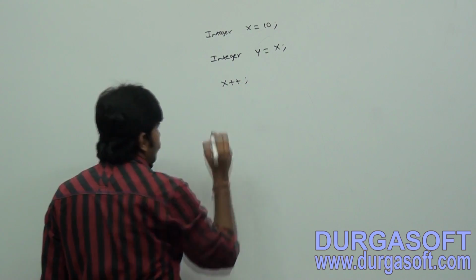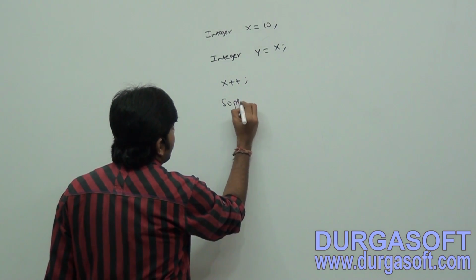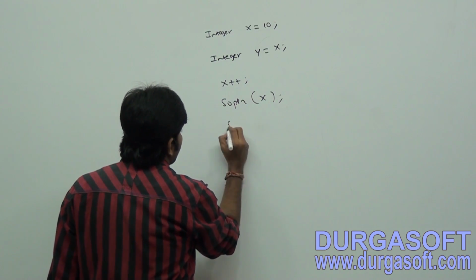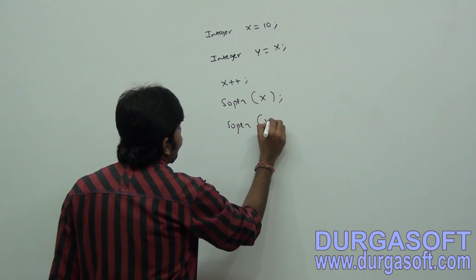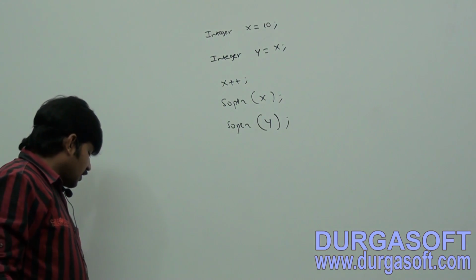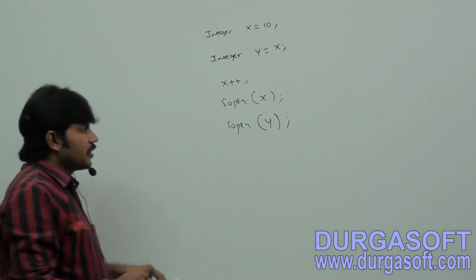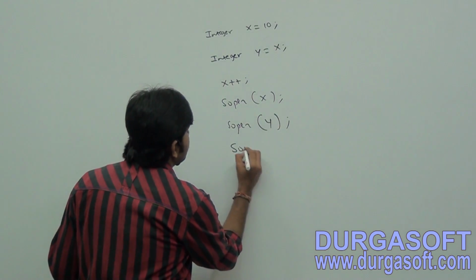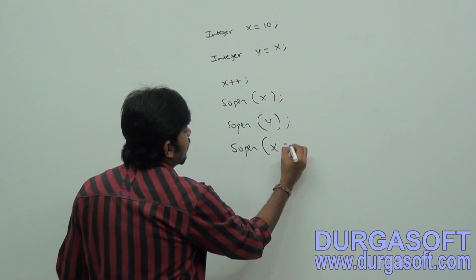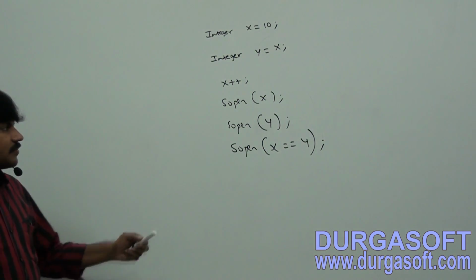Now x plus plus. SOP of x, SOP of y, and also SOP of x double equal to y. Can you tell what the answer is?